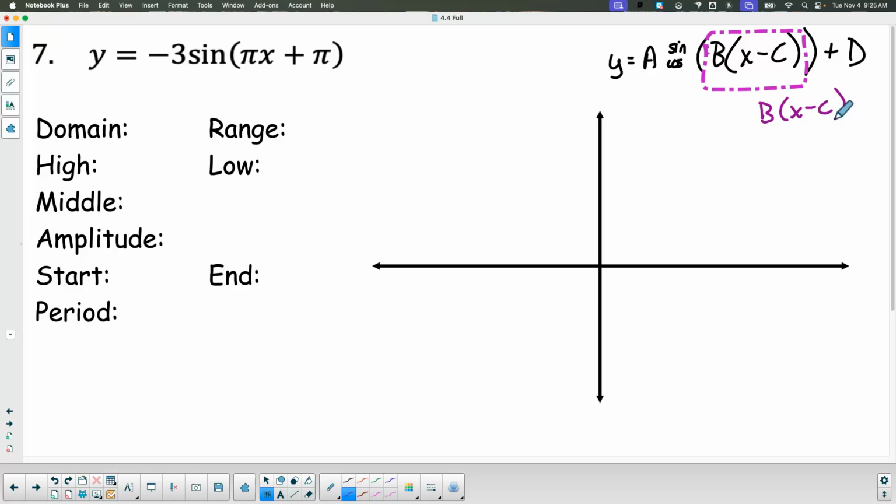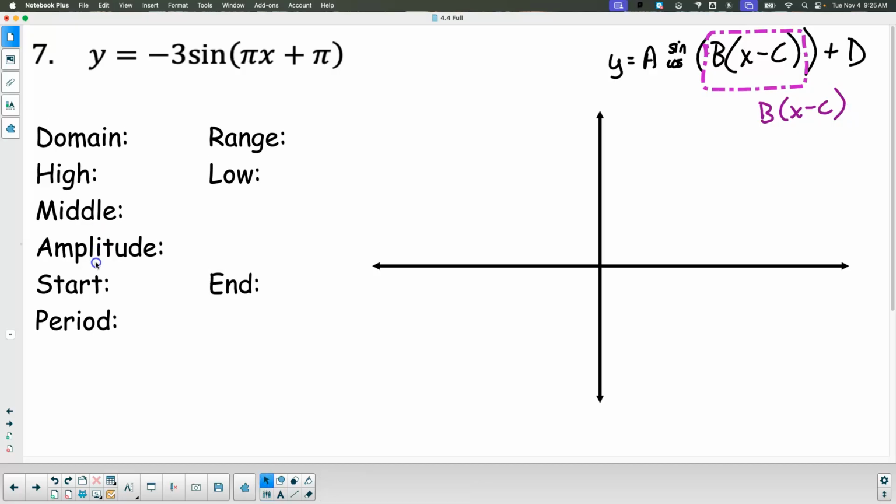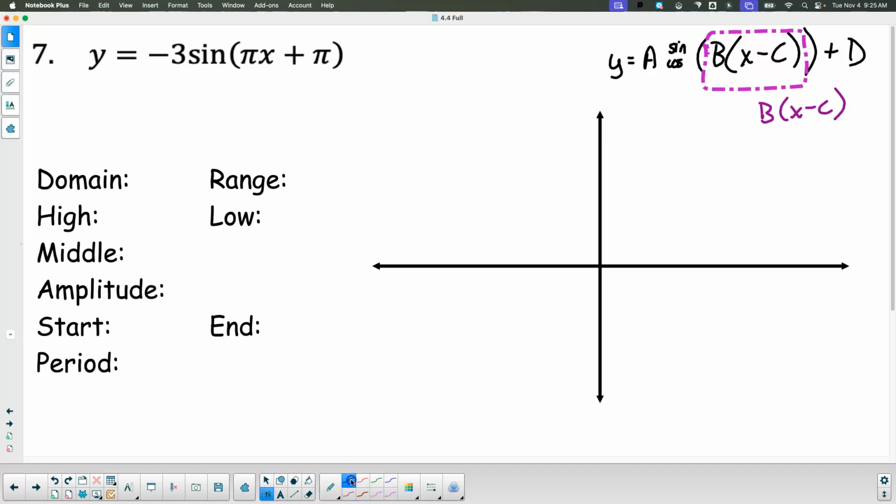If you don't have a set of parentheses inside your argument in your original problem, then you have to factor that out. So on this particular one, the -3 would stay. It would stay as is. Now inside of my argument parentheses, I'm going to have to factor out that pi right there. So then I'm going to factor out that pi, and that's going to leave me with x plus 1. Agree with that?